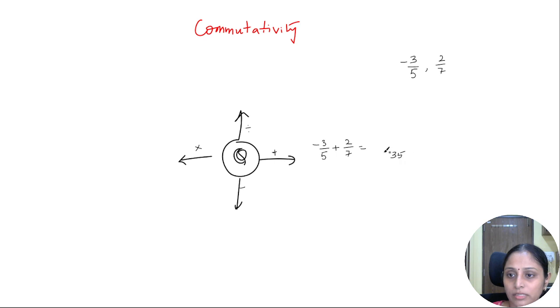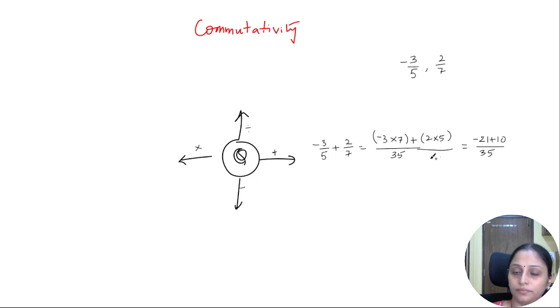We will take the LCM, which is 35, minus 3 into 7 plus 2 into 5. This is nothing but minus 21 plus 10 by 35, which is equal to minus 11 by 35.